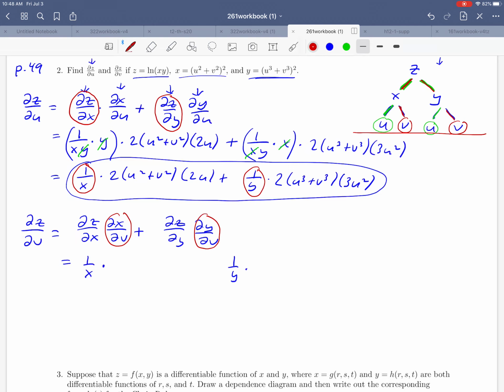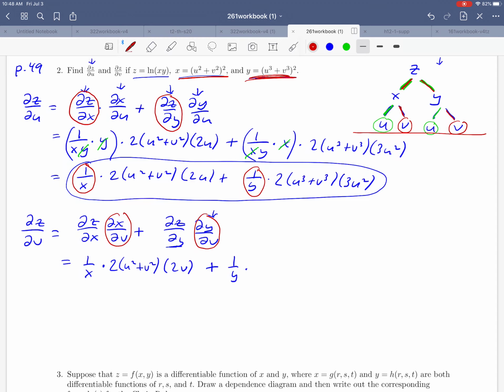So partial x partial v: going up to our function for x, take that derivative and we're going to get 2 times u squared plus v squared to the first, and the derivative of the inside with respect to v is 2v. Then we've got the 1 over y, which is what went with partial z partial y, and we've still got to do the derivative partial y partial v.